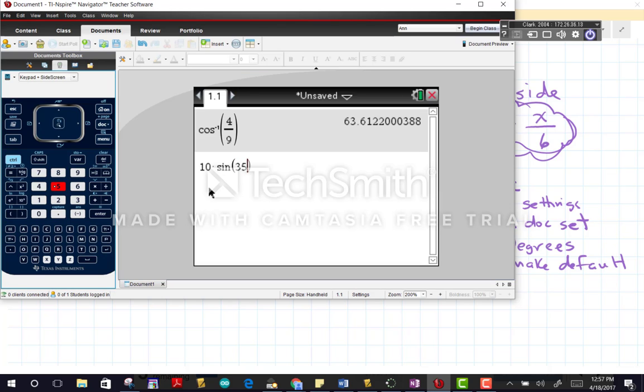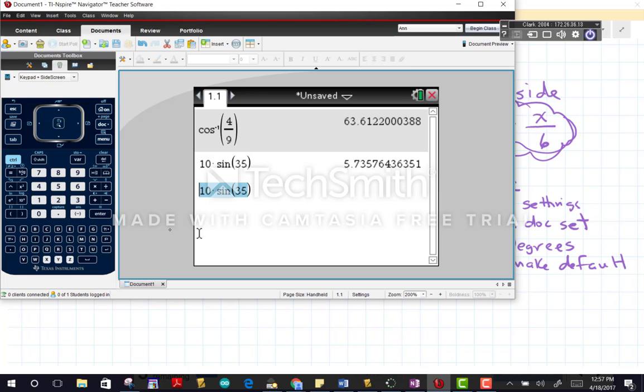I put 35 in here, and it doesn't matter now if I put a degree symbol in because I've changed to degrees. And so I press enter. Oh, yes it does. Huh, wonder why it did that. Okay, so I'm going to put a degree sign in here. I wonder why it didn't use degrees, because I told it to. Oh, stop it.